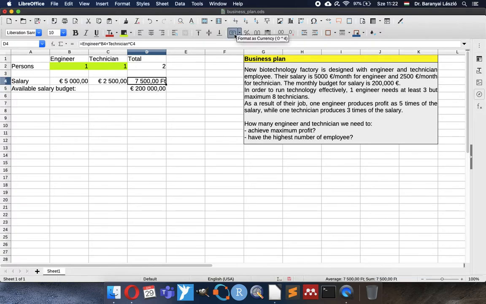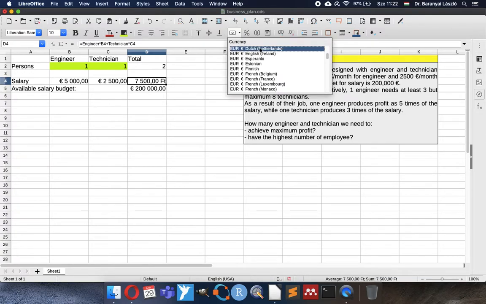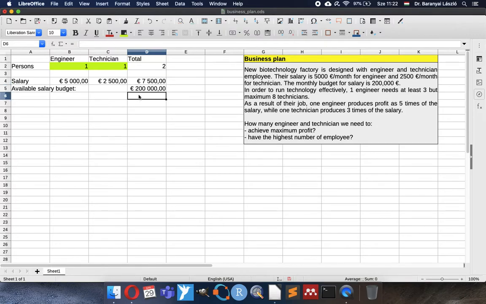I'm living in Hungary, so it is automatically offering me Hungarian forint, but now we calculate in euro. Here again you can see how the calculation is working. Number of engineers multiplied by the salary plus number of technicians multiplied by the salary is the total payment we do each month.